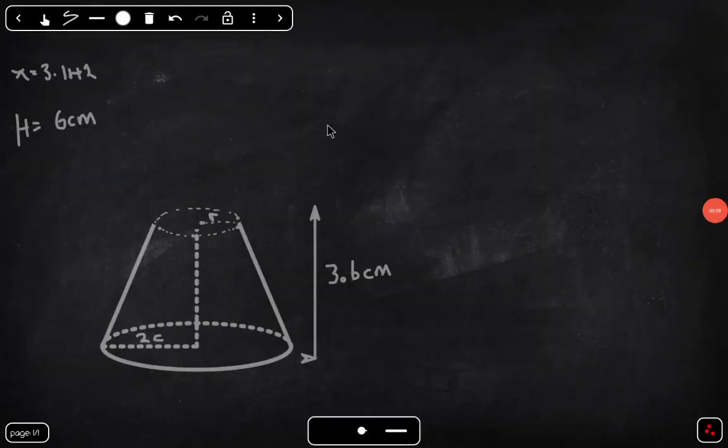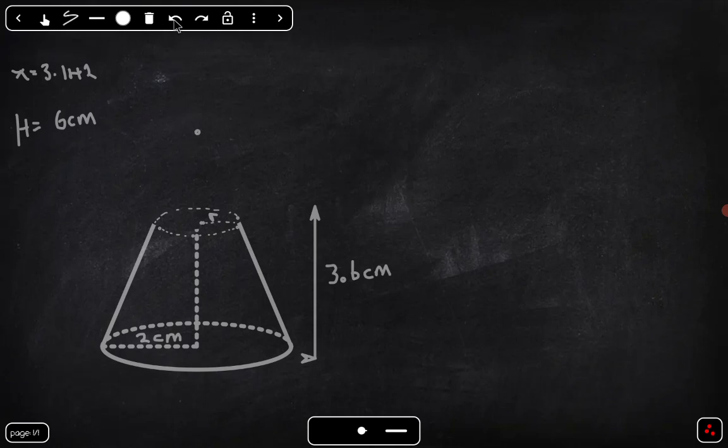So here's the question. I've just written it down like this for easy explanation. We are told this is 2 centimeters, and the height of the frustum is 3.6 centimeters. Before we do anything here, we first need to remember that this is just a frustum of a cone.